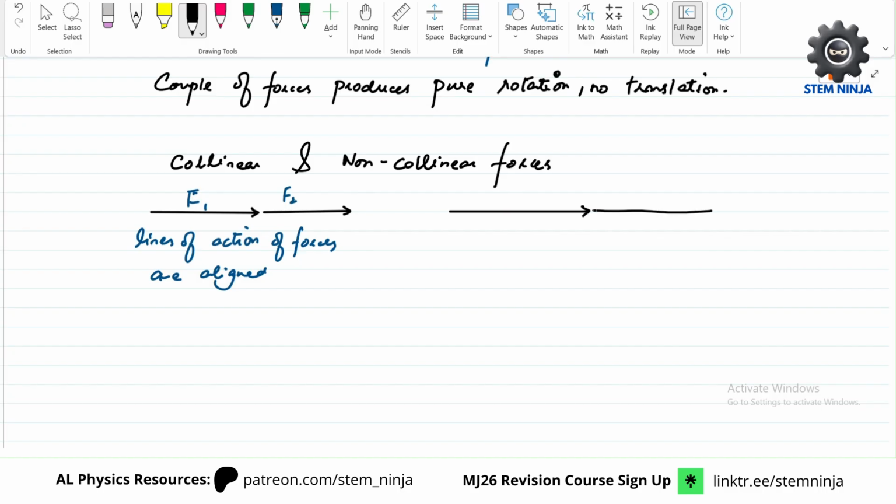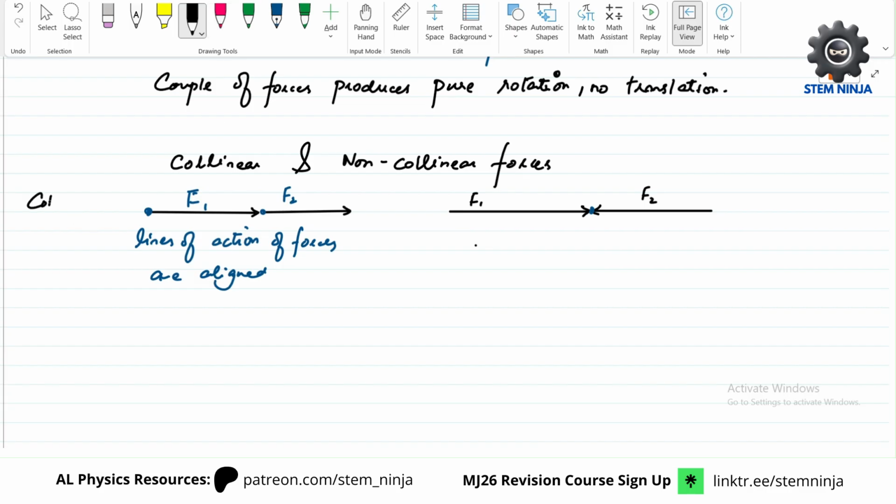So for example, they are acting along the same line. The points on which they are acting lie along the same line. Maybe they're acting this way or somewhere this way. So F1 minus F2, F1 plus F2, either way, the lines of action are aligned.